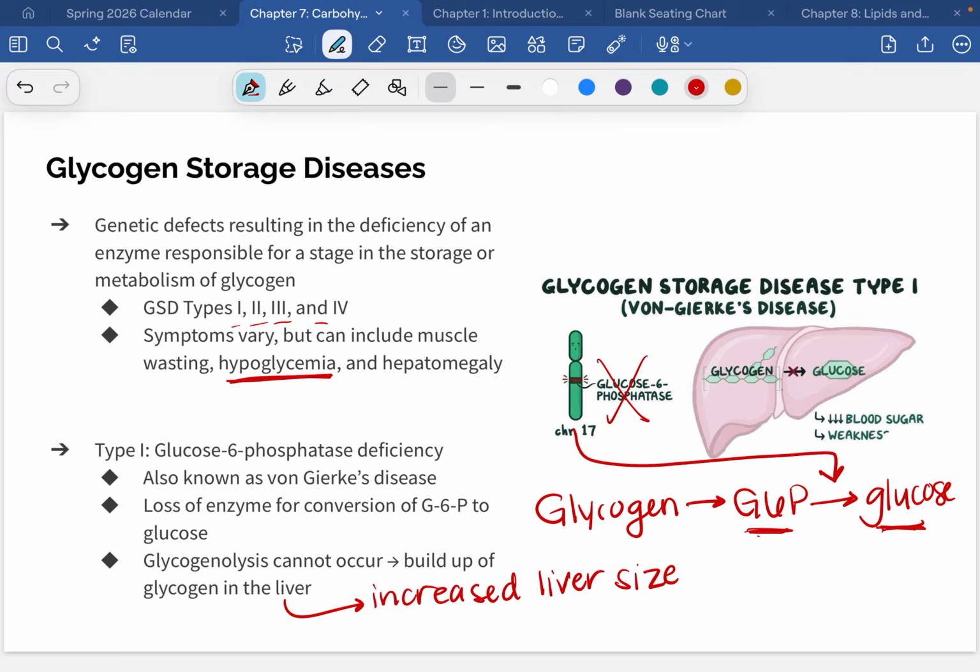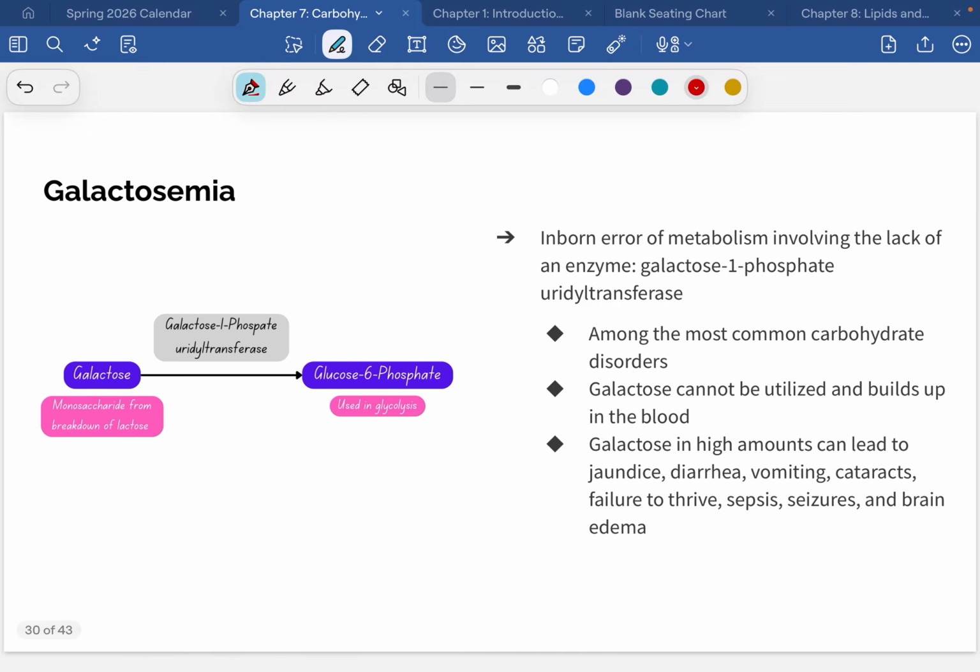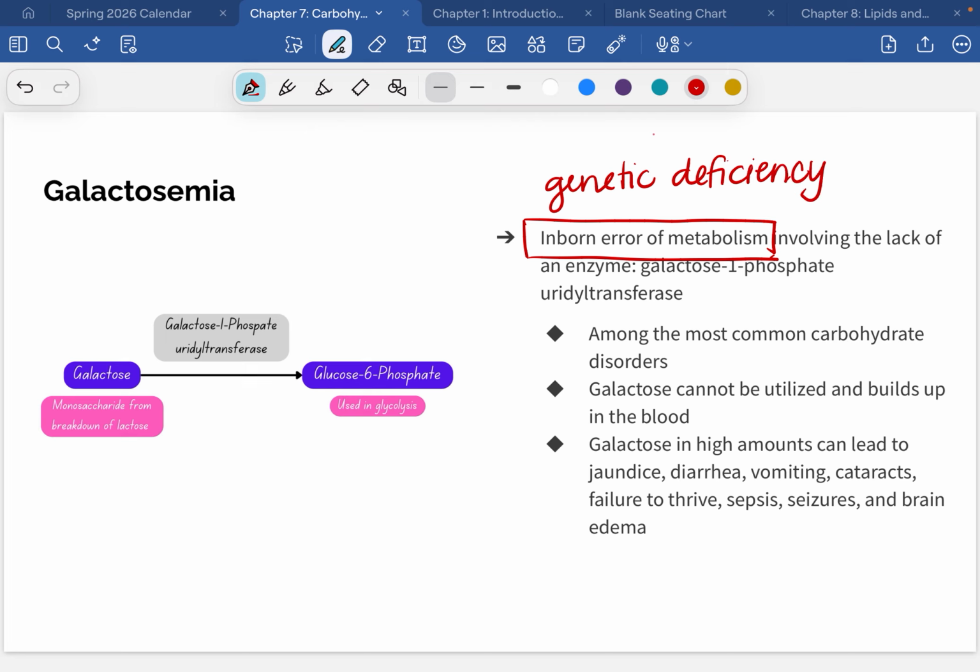And then I believe our last carbohydrate disease we're going to talk about is something called galactosemia. Galactosemia is an inborn error of metabolism, which is a more specific way of talking about a genetic enzyme deficiency.